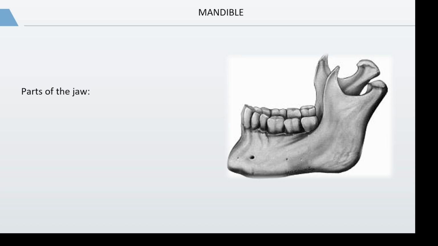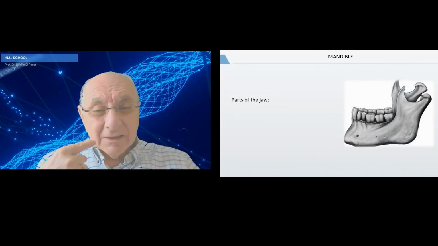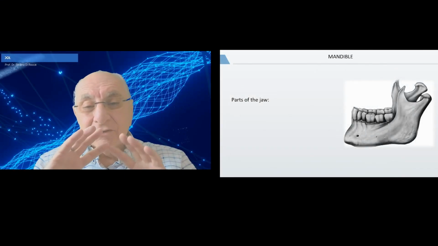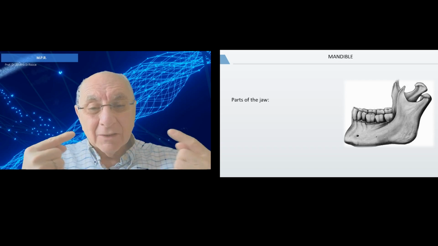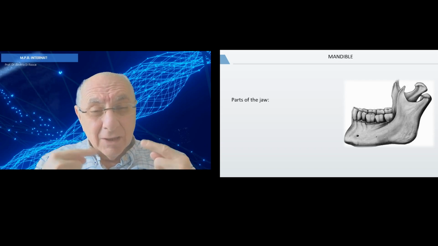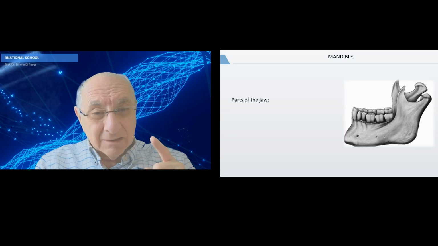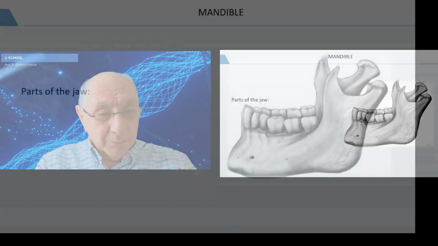It moves everywhere, but it is conditioned by the teeth. The jaw moves conditioned by the teeth to block it, even if it's in a wrong position.